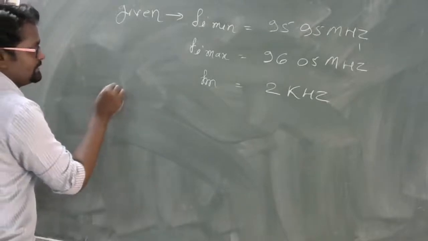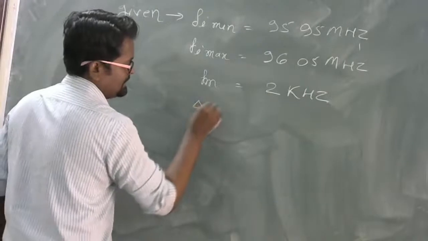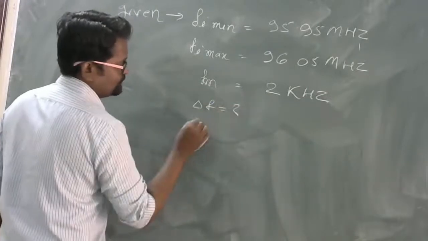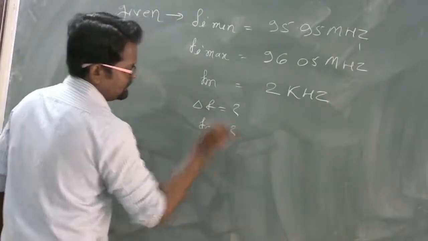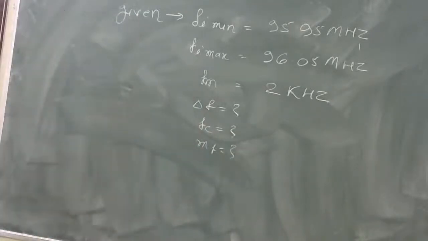उसके बाद हम लोग जानते हैं, we know that, और कैलकुलेट क्या करना है? हमें सबसे पहले del F कैलकुलेट करना है. We have to calculate the FC also, and we also calculate the modulation index. These two we need to calculate.